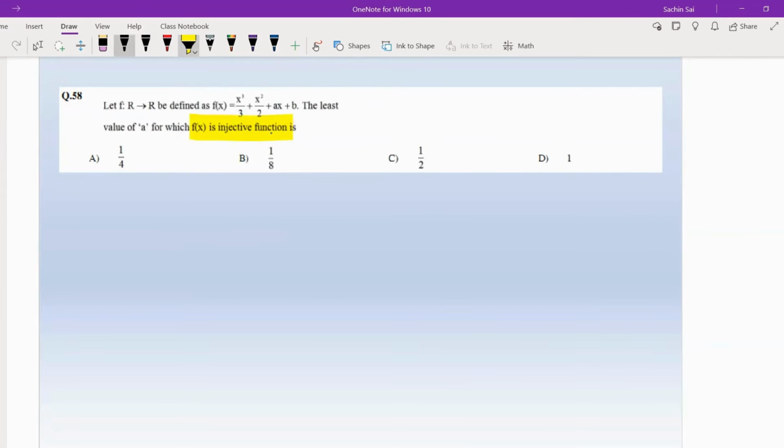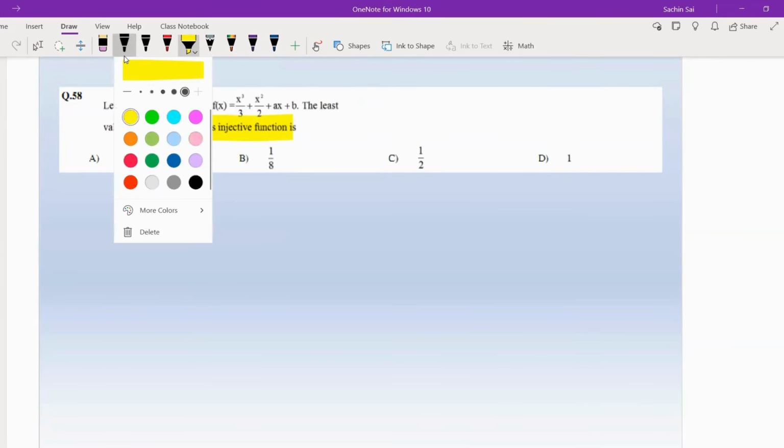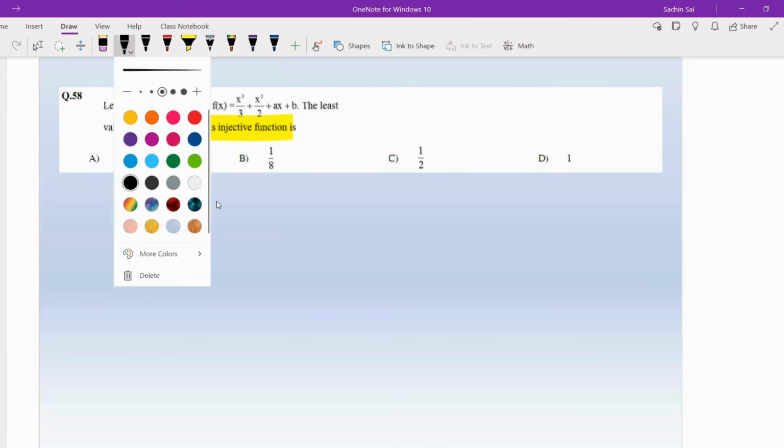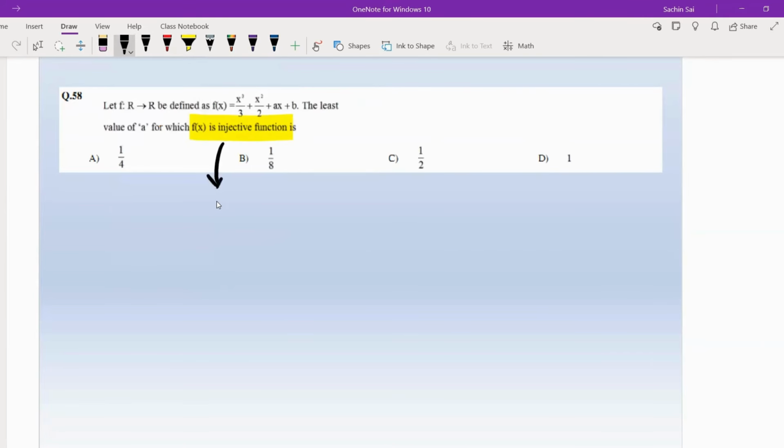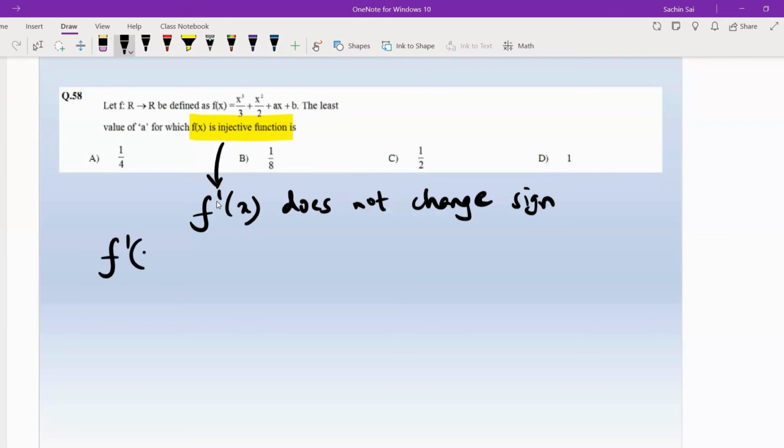The necessary condition for a differentiable function to be injective is that f dash of x does not change sign. There should be no change in the sign of f dash x. So the first derivative here, f dash x, is x square plus x plus a.